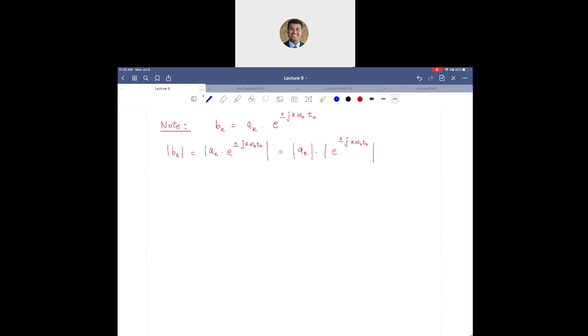And we know from Euler's identity that this is simply going to be cosine plus or minus j sine, right? Inside the parentheses you have k omega naught t naught.